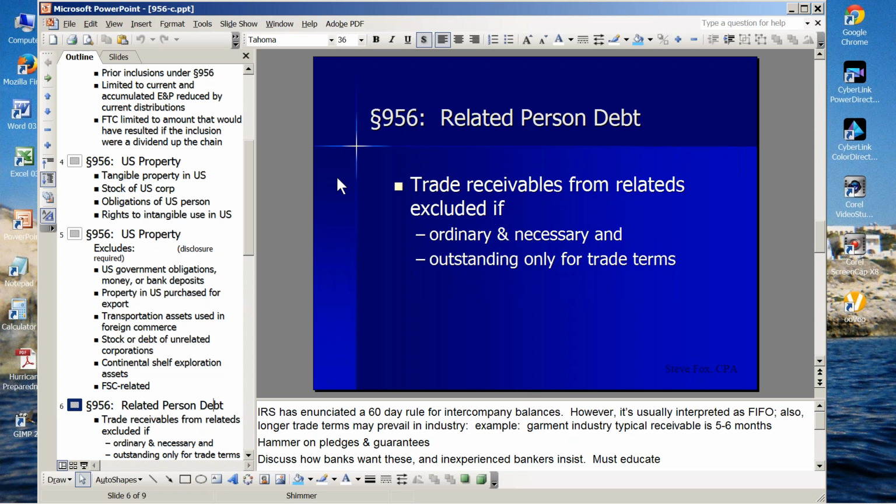So if my CFC sub sells me some goods on March 1st and the balance is outstanding April 15th, then that's okay, whether it's normal trade terms or not. I could be in an industry where the normal trade terms are 30 days, and here we've got a 45-day-old balance. Well, that's okay. We can rely on this IRS ruling.